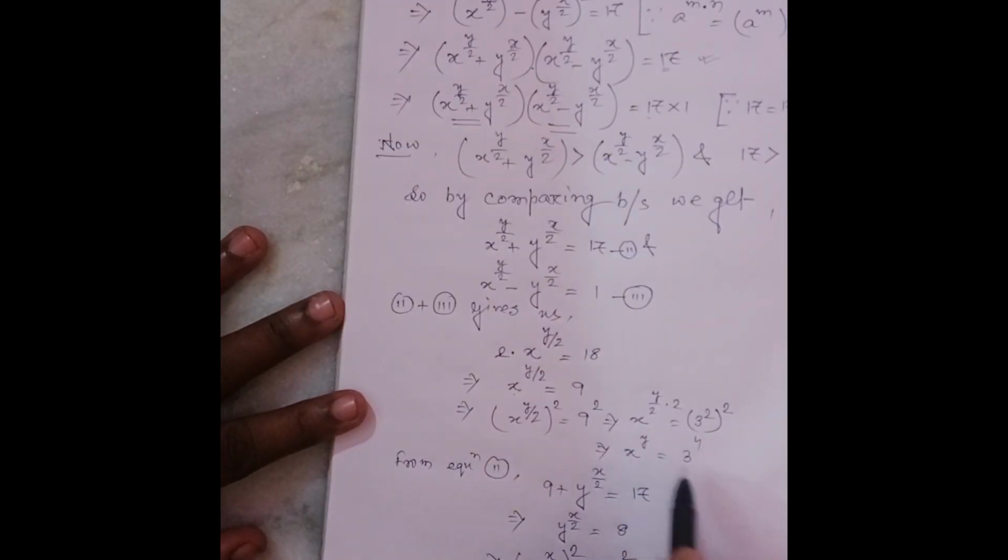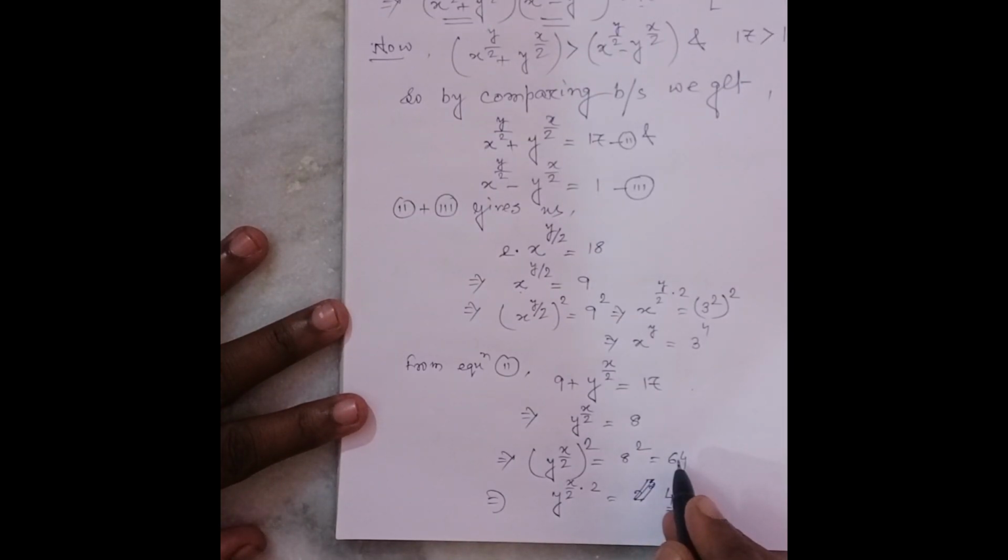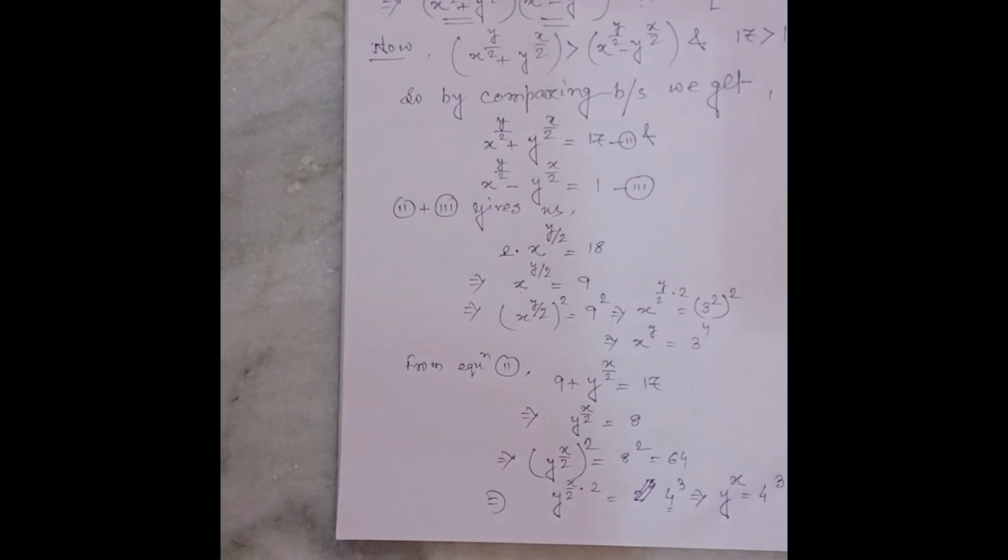Here we have already got x to the power y is equal to 3 to the power 4, so we will try to get y to the power x in this form so that we can easily compare. That's why we didn't express 8 as 2 to the power 3. So y to the power x equal to 4 cube.